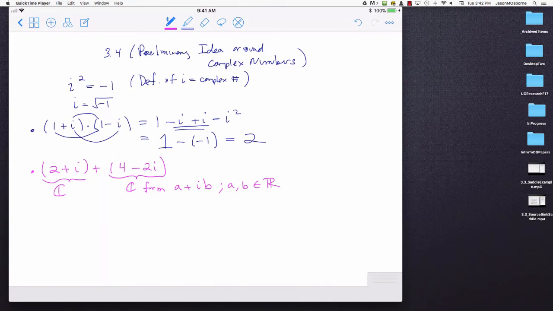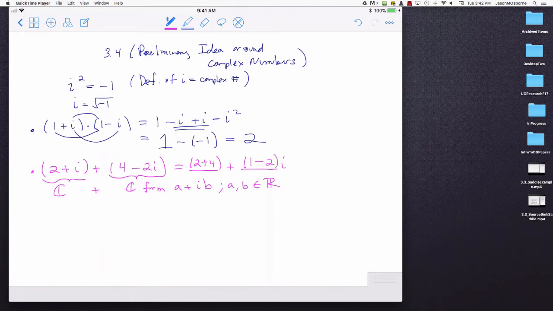Okay, so if you're going to do adding of two complex numbers, the result needs to be another complex number, something times i, and you basically just add the real parts and add the imaginary parts.